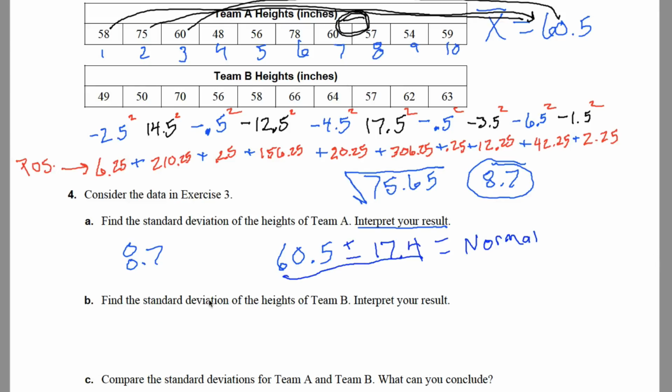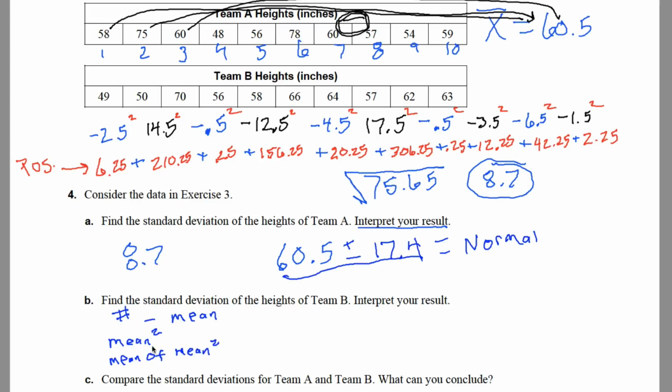So now do the other one. Remember, just the number minus the mean. Then you square the differences. Then you find the average, or the mean, of the squared differences.